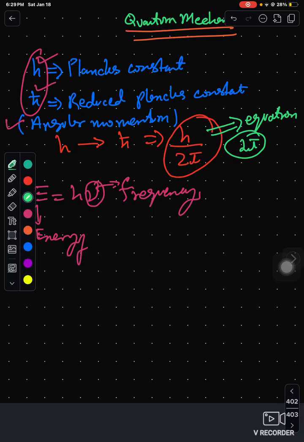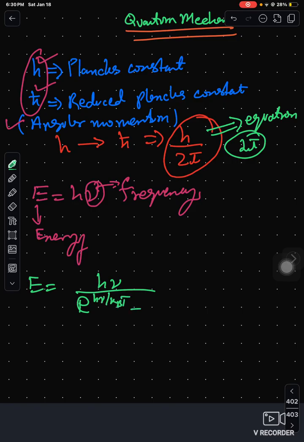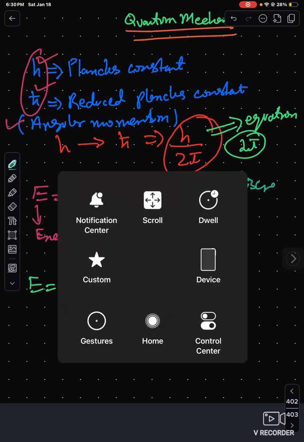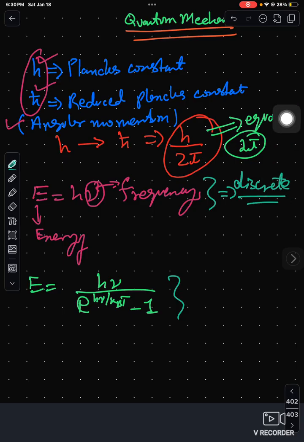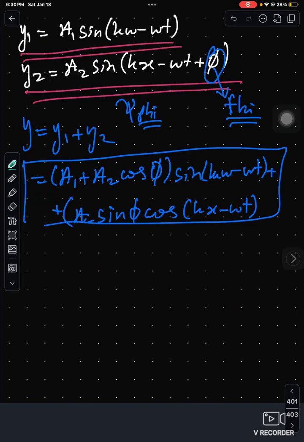And then we have E equals h nu over e to the power h nu over k_B T minus 1, and we all know this equation, which is regarding the discrete energy. This equation is related to black body radiation.